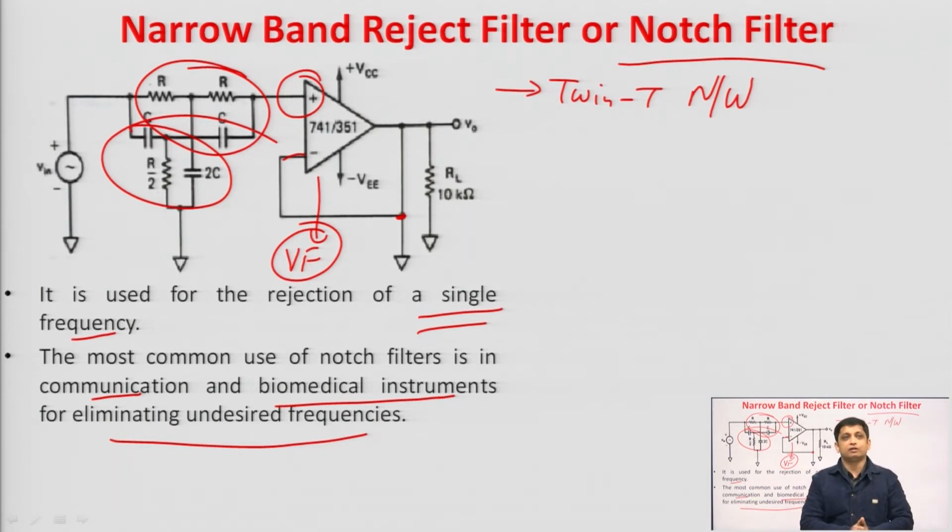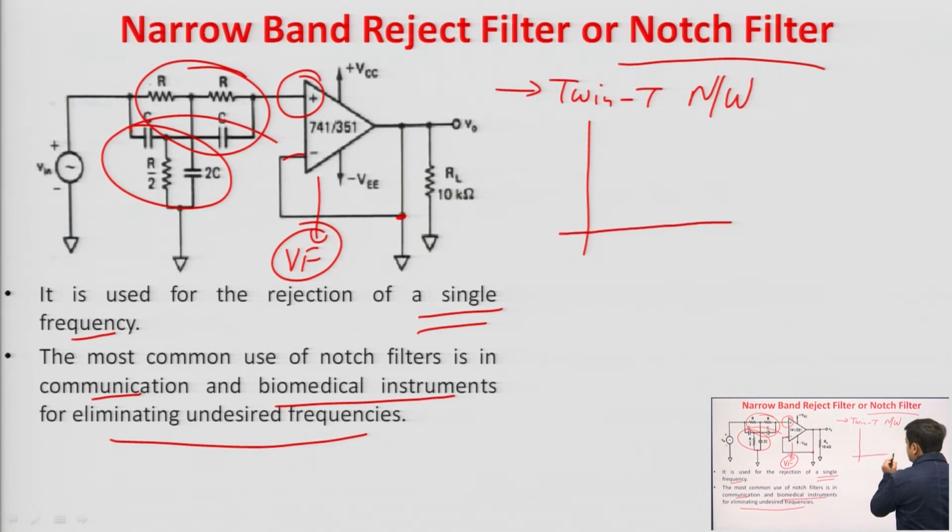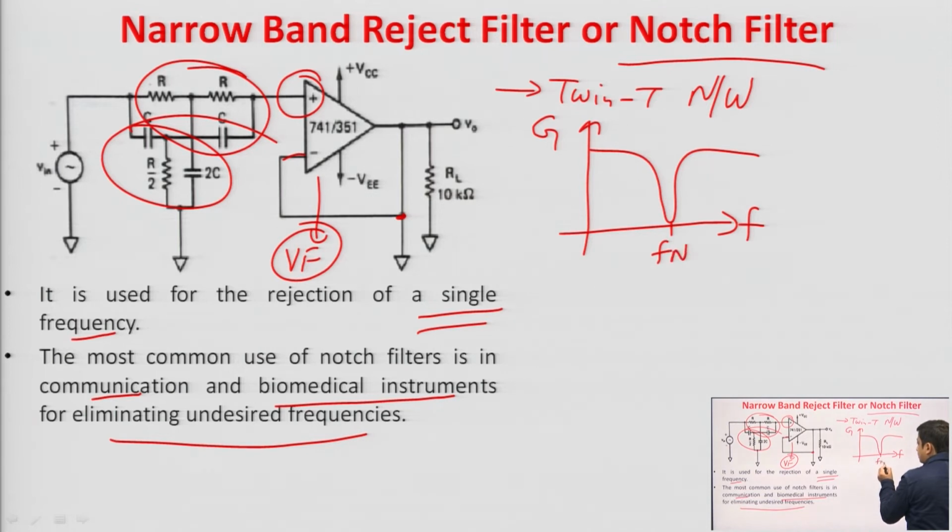So, for that we can use the notch filter, and when we draw the frequency response of the notch filter, that frequency response, that is the voltage gain versus frequency, is this one. This frequency is called Fn. You can see that at the frequency Fn, the gain is minimum, means the signal is getting attenuated at the frequency Fn.